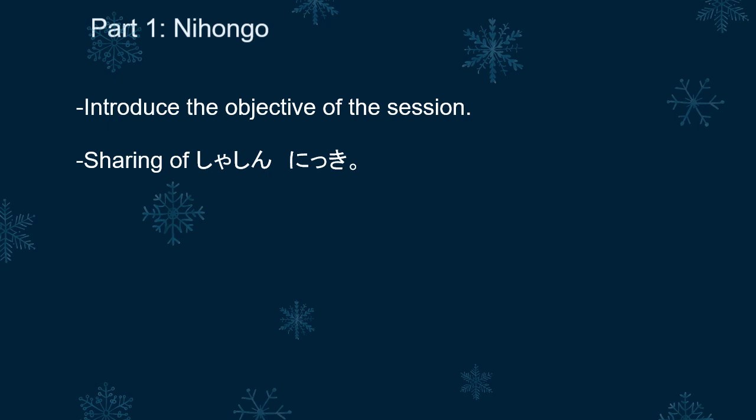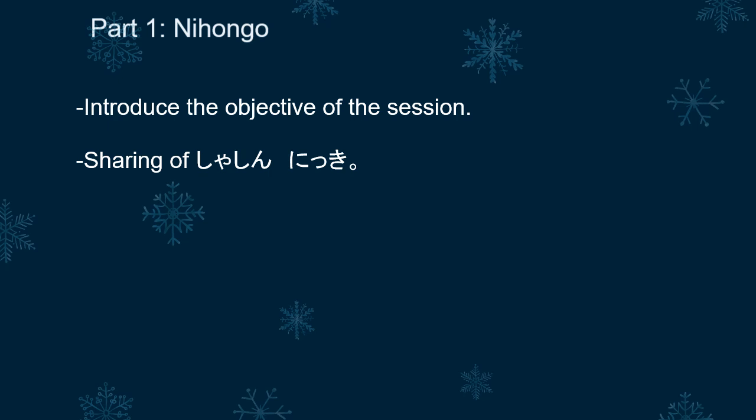Then after that, you're going to divide the class into groups, depending on the number of students. Then please see to it that you check the students' work, or if they correctly use the past tense of the verb.